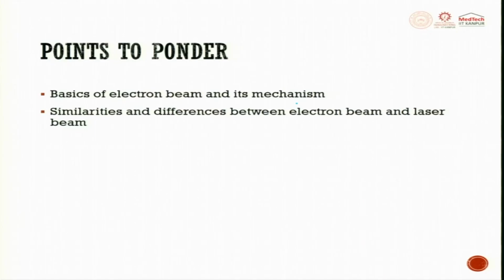So, the points to ponder at the end of the lecture: the basics of electron beam and its mechanism have been taught, and similarities and differences between electron beam and laser beam have been discussed. As an assignment, if you can Google and find a few parts which are made using electron beam, and write your inferences on why they are not made by laser and why electron beam was chosen, that will be wonderful.